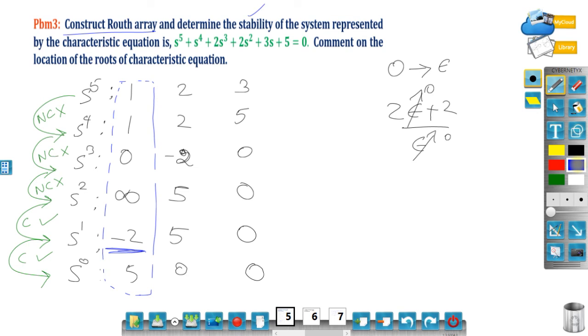Okay, there are 2 sign changes, am I right? There are 2 sign changes. There are 3 non-sign changes. Okay, no-change case is 3, change case is 2.